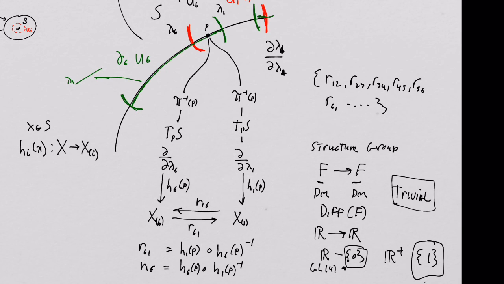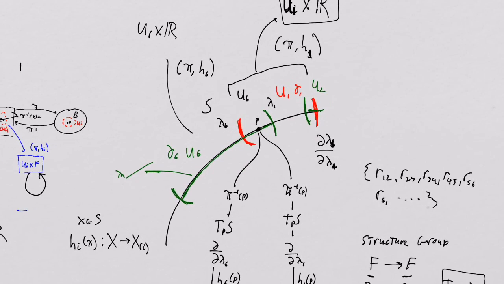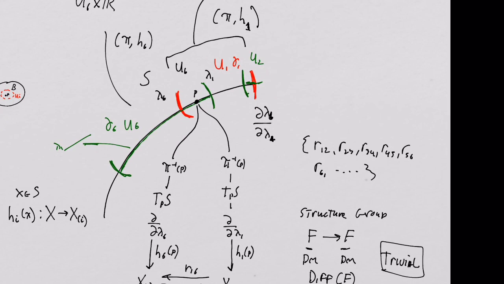So anyway, by reducing the structure group to nothing more than the unit element, we've shown that our design of this whole thing is trivial. And of course that makes perfect sense because we actually intended it to be that way. We started with a total space that was trivial.